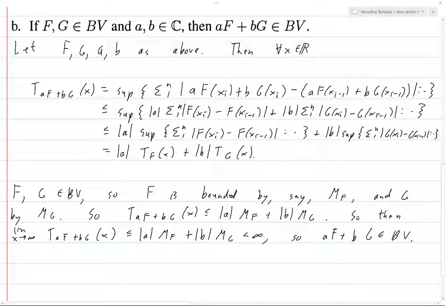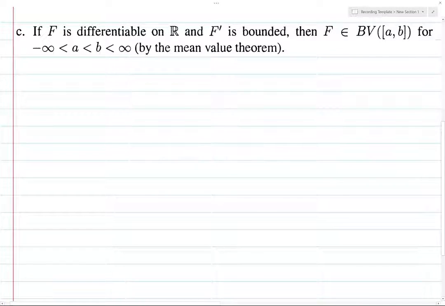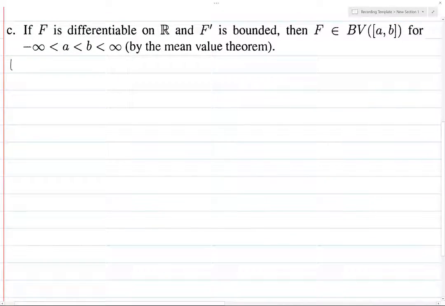Okay, so we want F to be in BV here, and so I'm going to just take any a and b in R. We're going to assume that a is strictly less than b, and x, y in this closed interval.